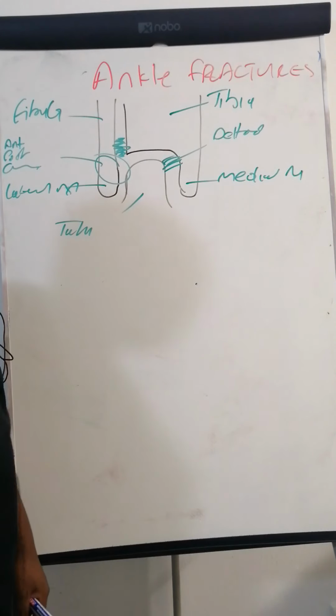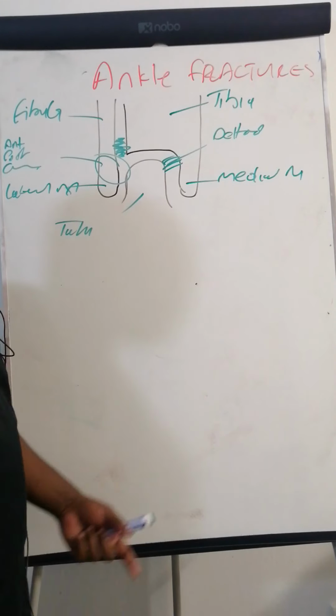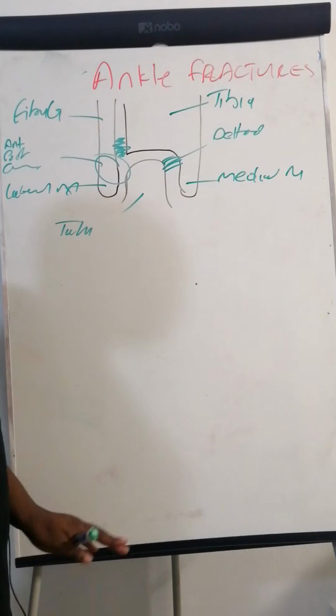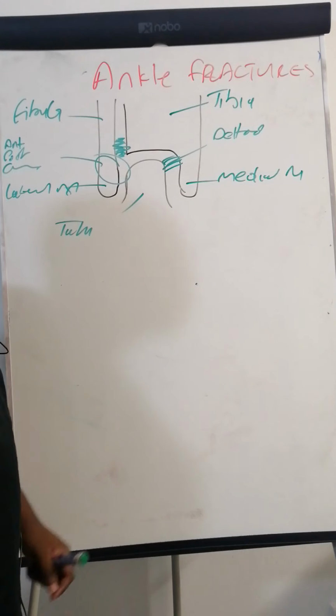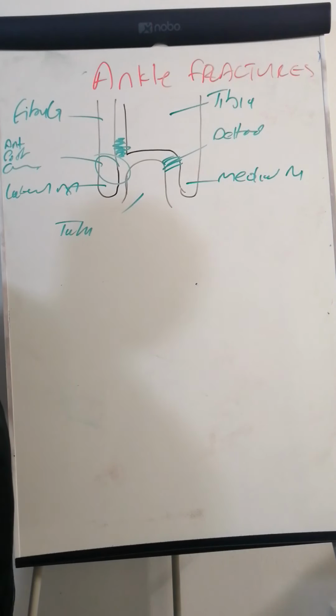Maybe someone hit you on the ankle and they fractured your bone, or an MVA, or maybe you were walking and then you were hit by a car and you break one of the bones in your ankle. So those are the different mechanisms, but the most common ones are sport related, movement related.